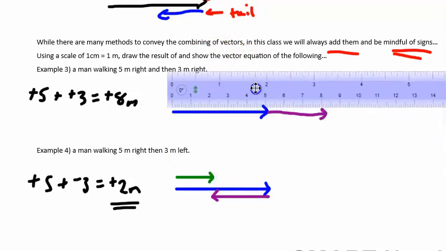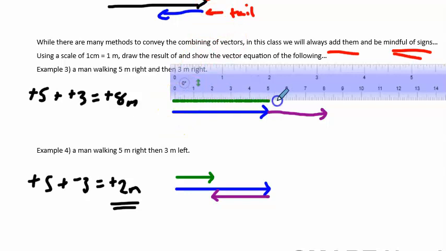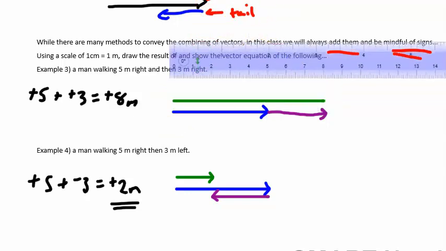The first one, the resultant vector, again we'll do in green, comes along like this, and notice it is 8. So the green is what we call the resultant, the result of adding those two vectors together.